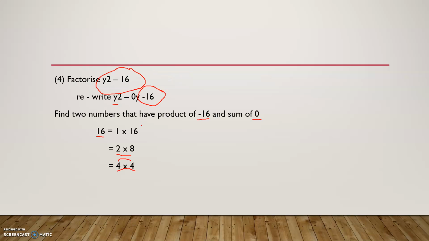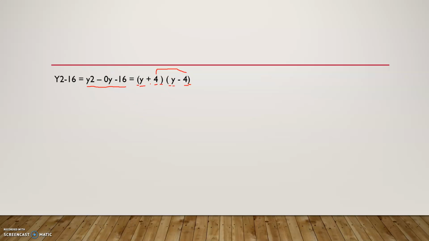Now to make the sum 0, we need to put plus in one of these brackets and minus in the other bracket as well. So this is our answer. Now to check whether it's correct, if we expand these two brackets again, we should have y squared minus 16.